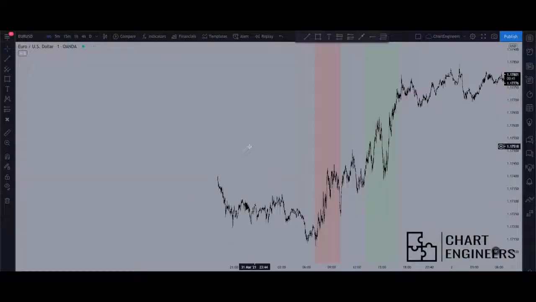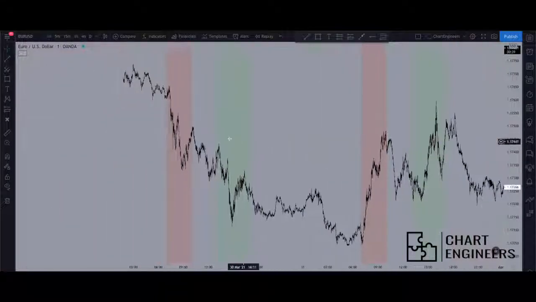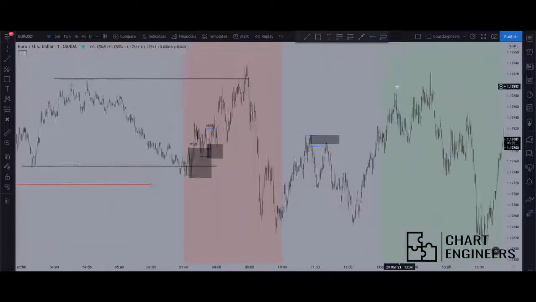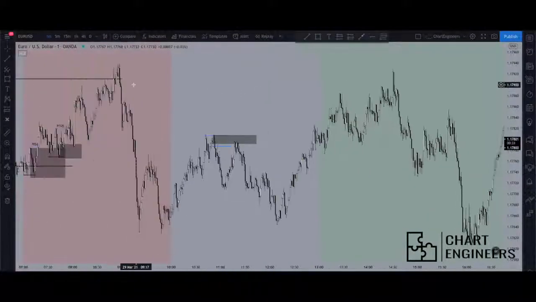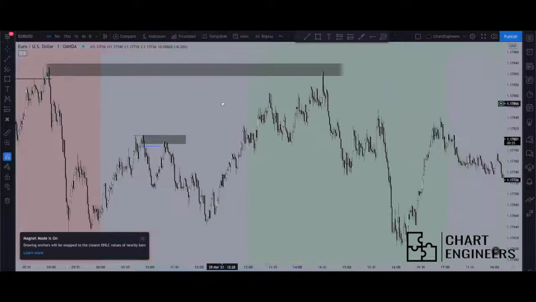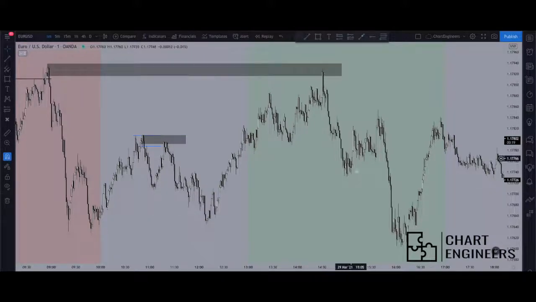After the H1 raid I'll just go to the 1 minute time frame and mark out your breaker zone. It's from here till here, and you see that during New York price comes back, tags you in, and then price just drops lower again.